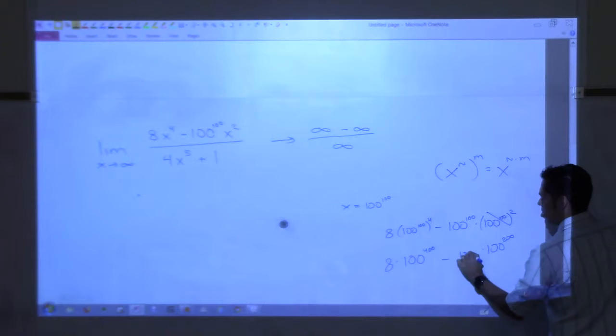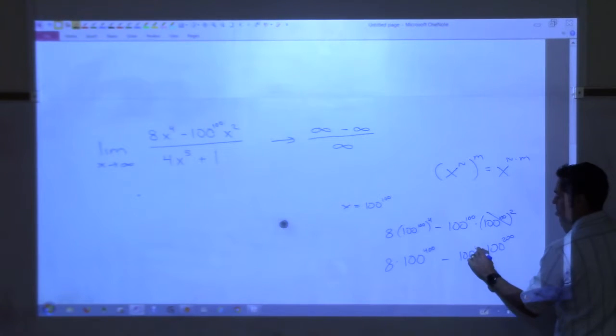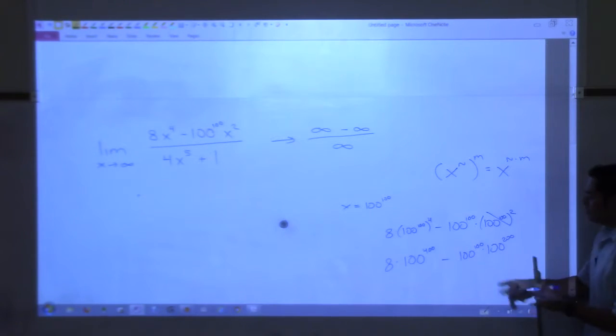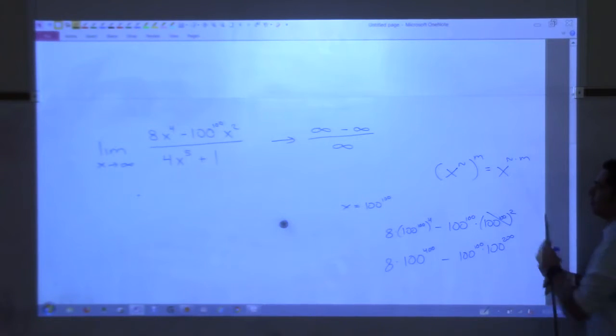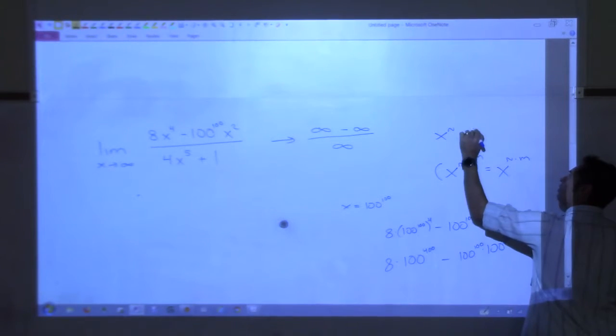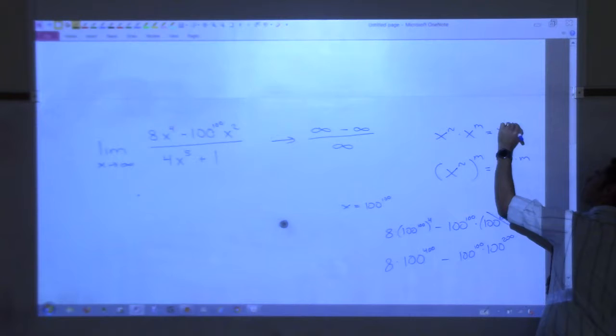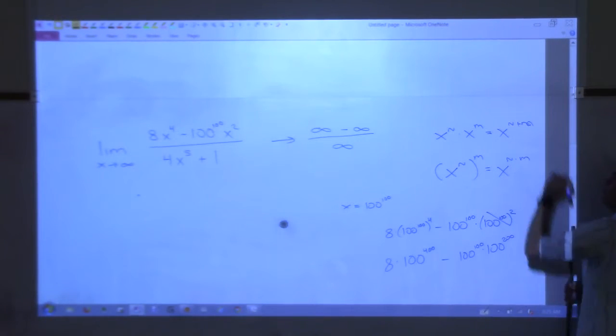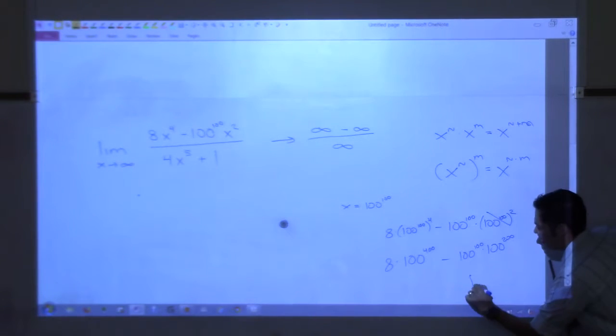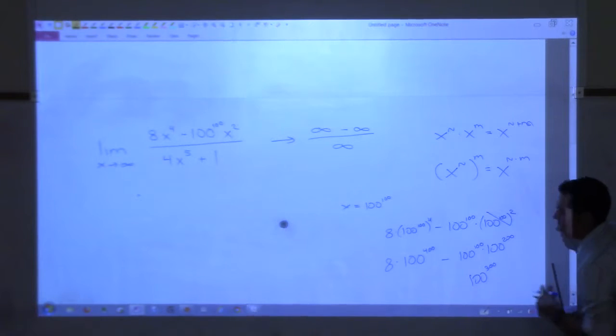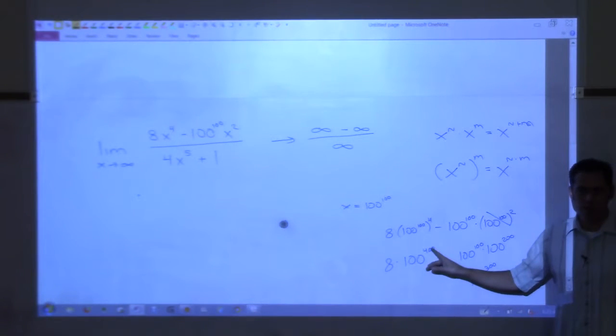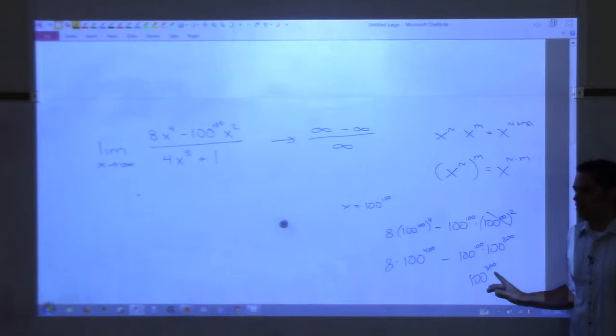Times 100 to the 100. And now what do you do when you have the same base, different exponents? Yep, when you're multiplying, you add the exponents. So this would be 100 to the 300. And I believe 100 to the 400 is bigger than 100 to the 300, isn't it?